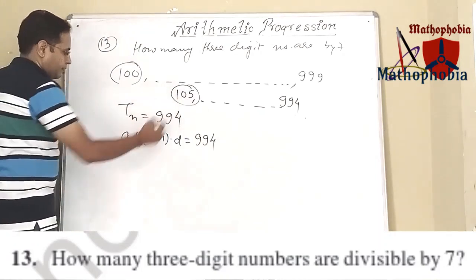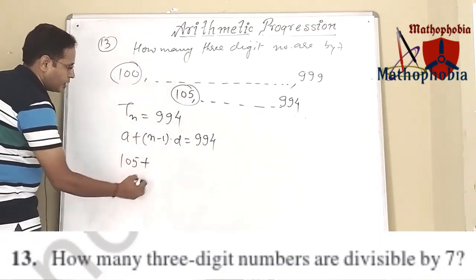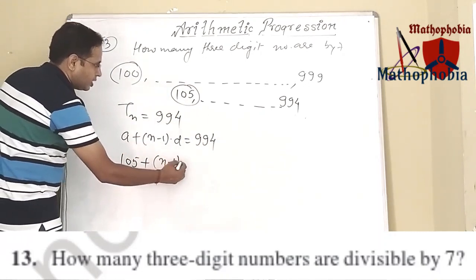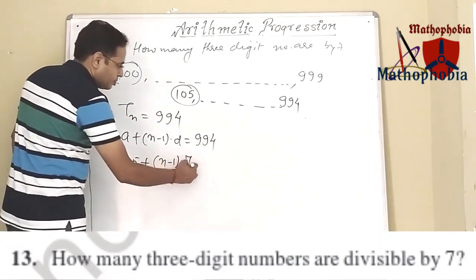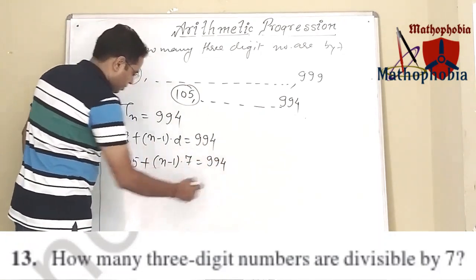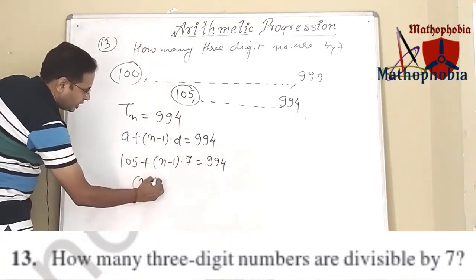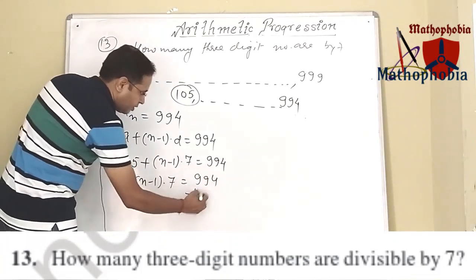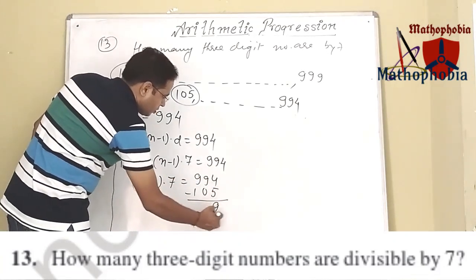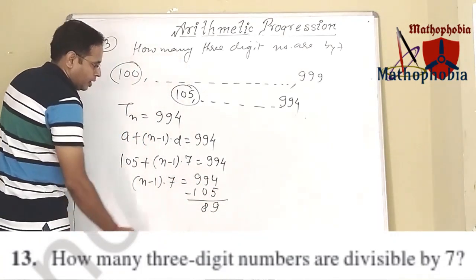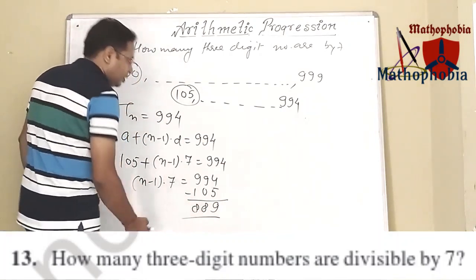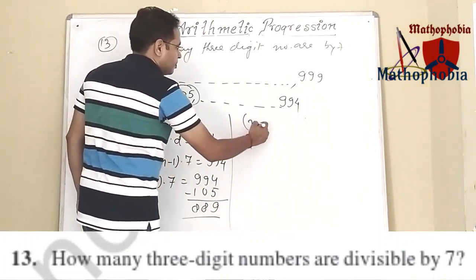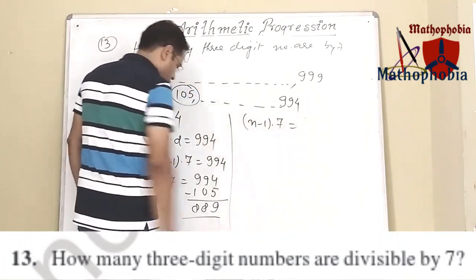A is 105, and D is 7. Take 105 to the other side. So you'll get n minus 1 into 7 equals 994 minus 105, which is 889.